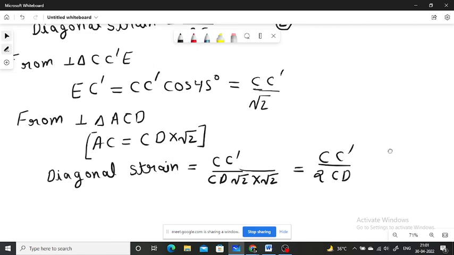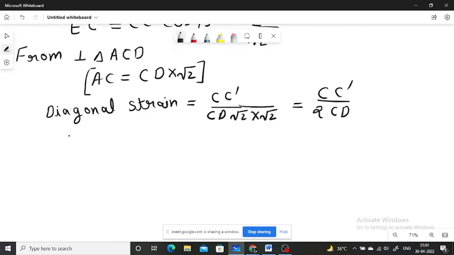But CC dash upon CD is equal to tau by G. This is the shear strain. So the diagonal strain will be equal to tau upon 2G. Let's say this is equation number 3.